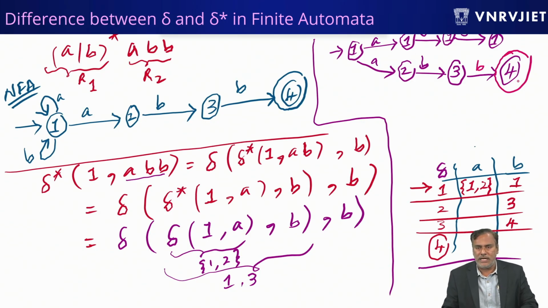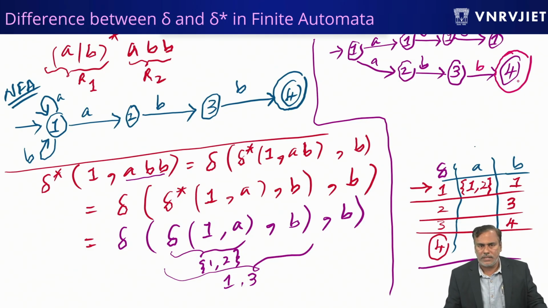What do you mean by delta and delta star? With respect to one input symbol, there is no change at all. But if you have more than one input symbol, then you can find some difference. I think you understood that. So this is with respect to this NFA.